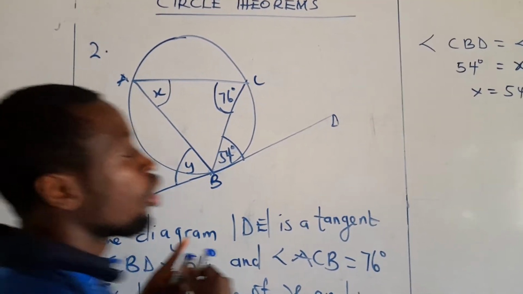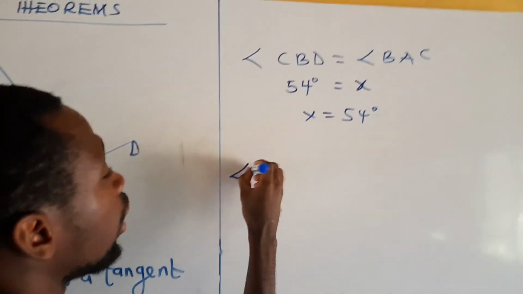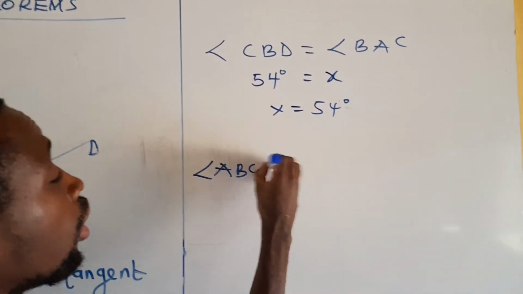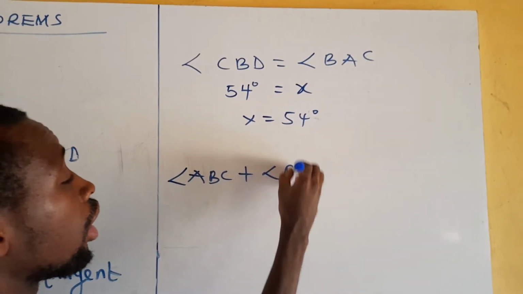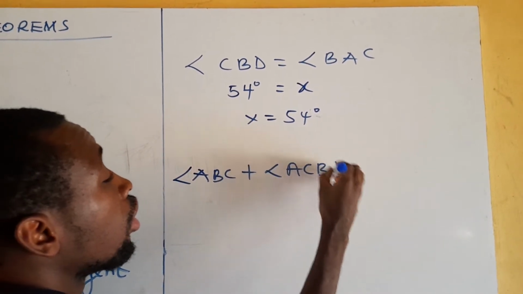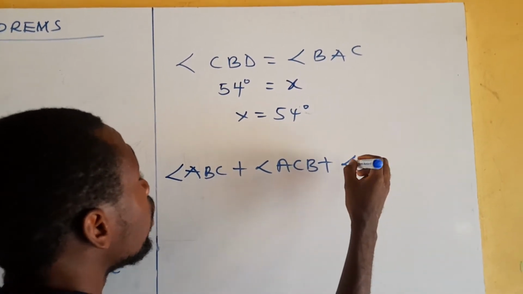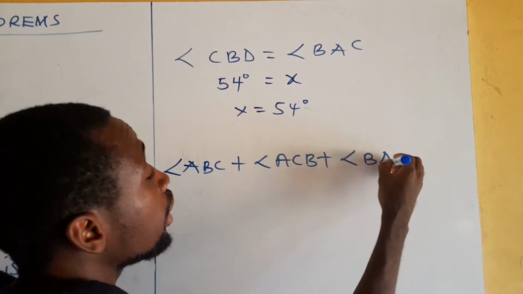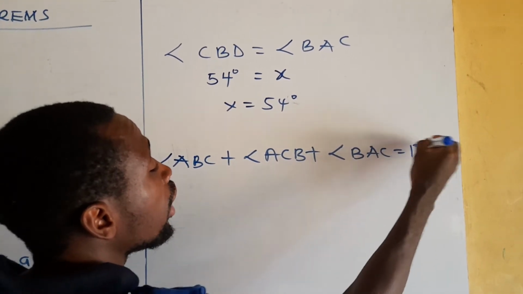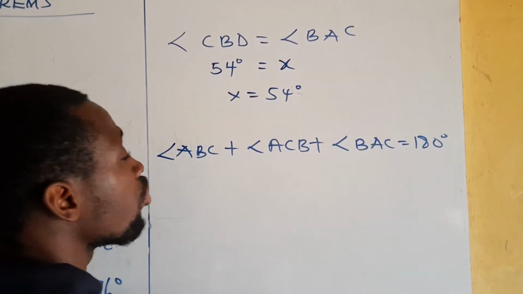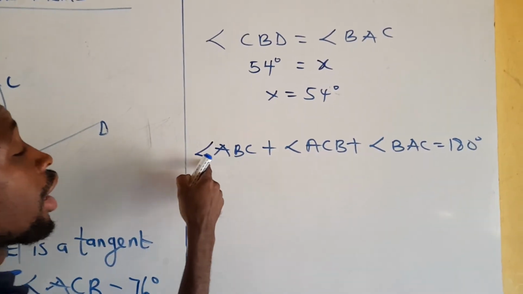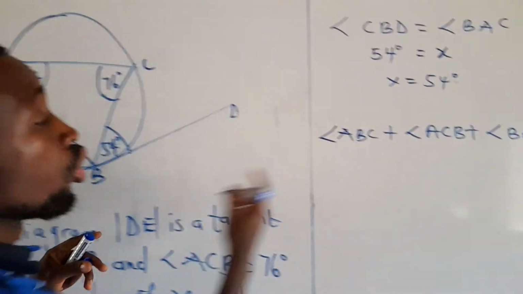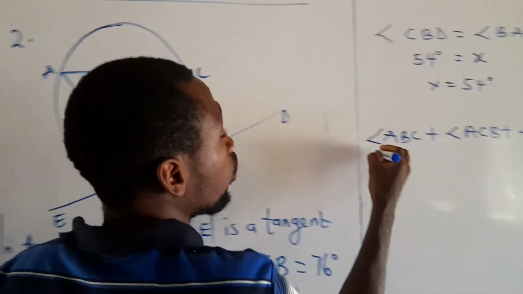So we say angle ABC plus angle ACB plus angle BAC will be equal to 180 degrees. That's angles in a triangle. What's angle ABC? We don't know. That's the angle here; that's what we are finding.